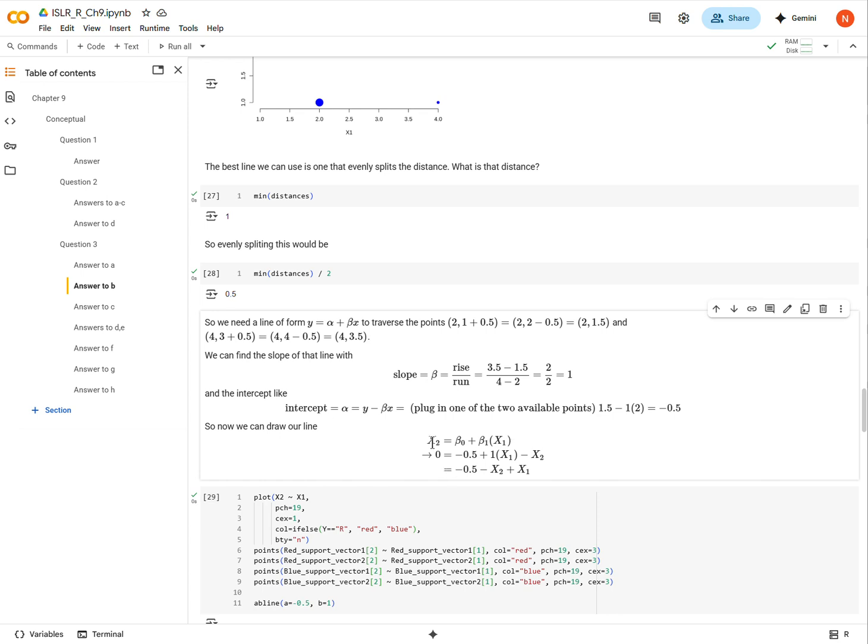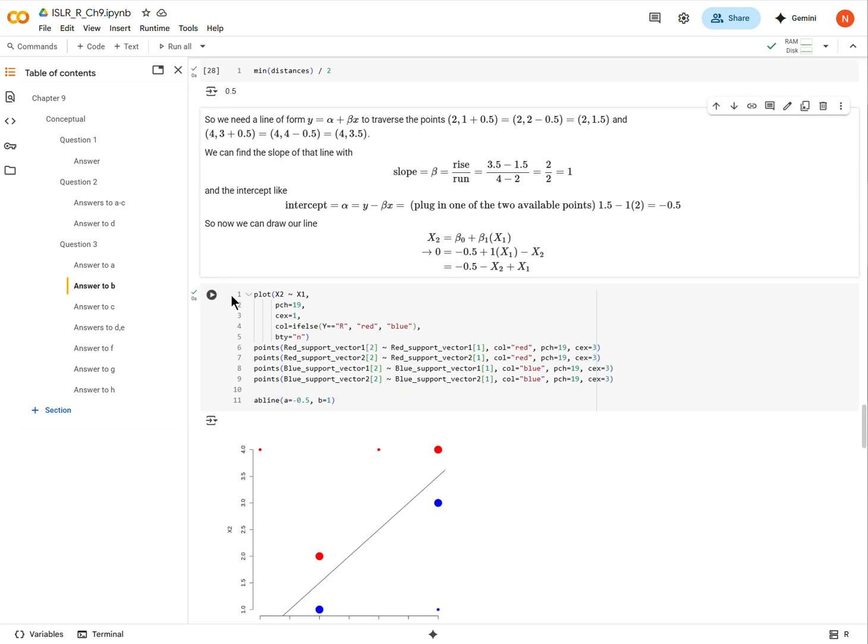So if this is what our formula starts looking like, x2 equals the intercept plus beta 1 times x1, okay? If we subtract the x2 over, we know that beta 1 is 1, right? That's the slope that we already found, okay? And so our hyperplane fulfills this criteria right here, okay? So that is the formula for our hyperplane, okay?